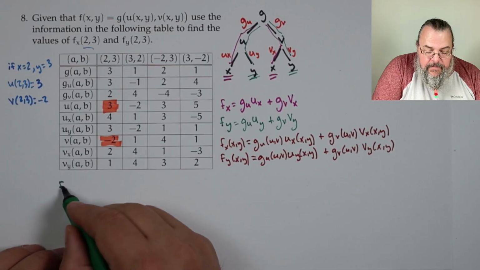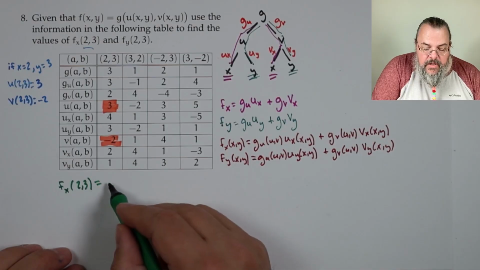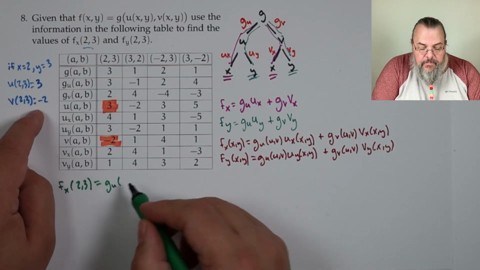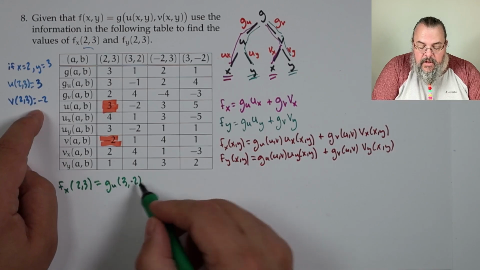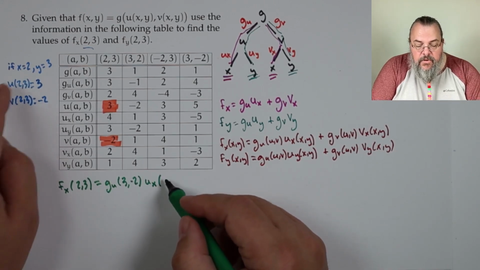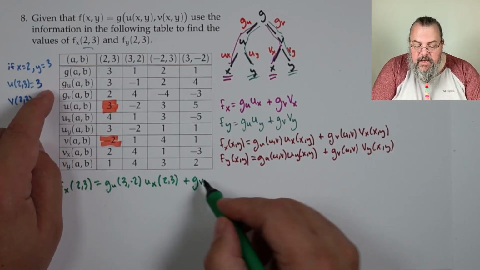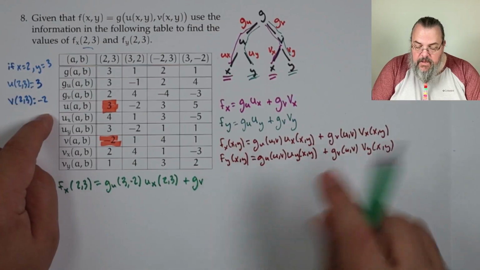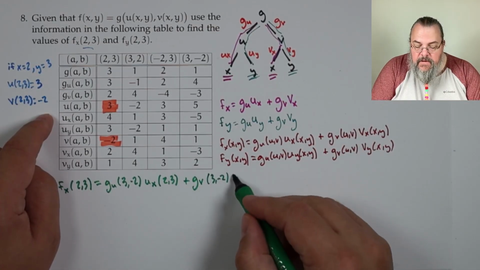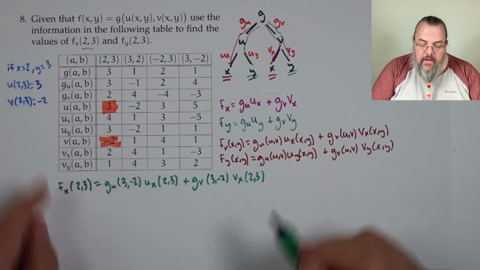We have f sub x at 2 comma 3 is g sub u of 3, -2 times u sub x of 2 comma 3 plus g sub v of 3, -2, right, because I'm u and v, v sub x of 2 comma 3. All right.